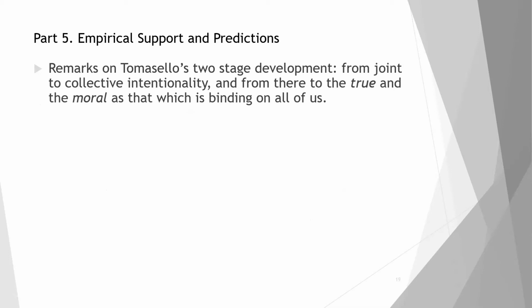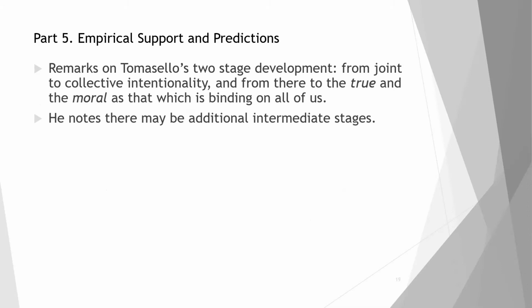So joint intentionality isn't enough to account for human cognition, but rather there's a necessity for collective intentionality, because collective intentionality is what allows us to conceive of what's true and what's moral as what's binding on everyone. And as he lays this out, he notes there may need to be additional stages interposed between joint intentionality and the development of human cognition.